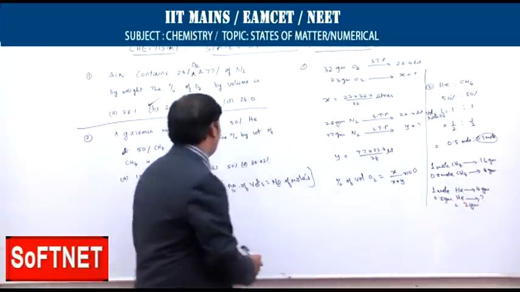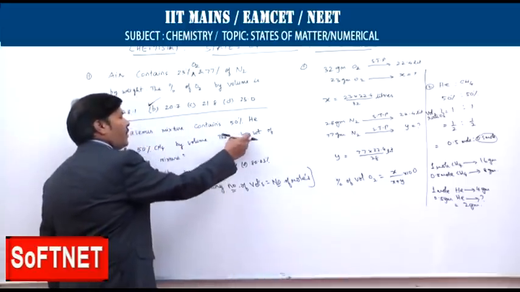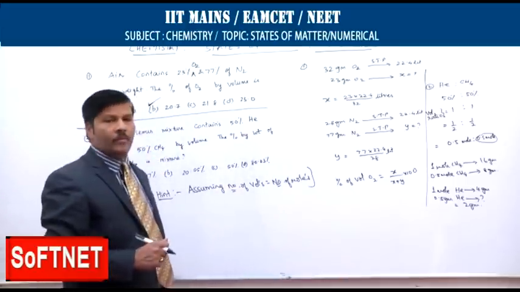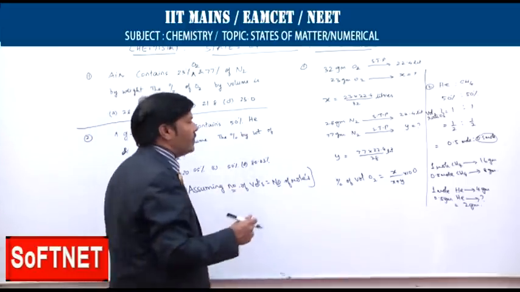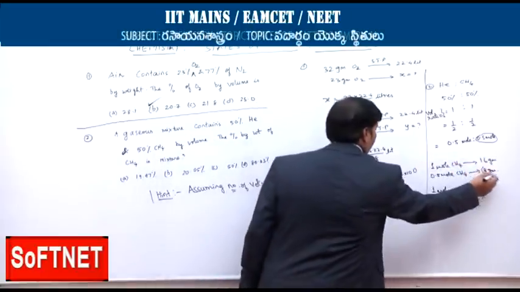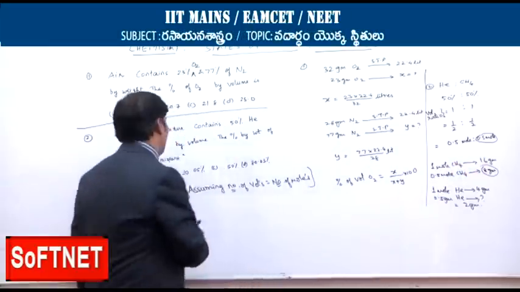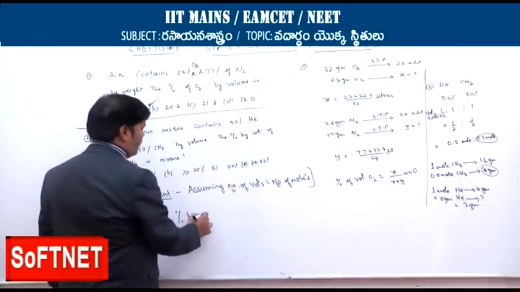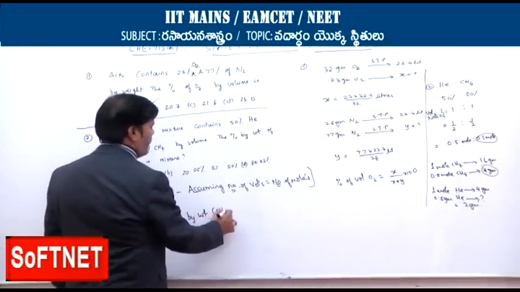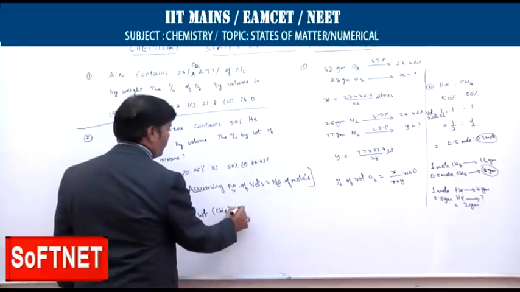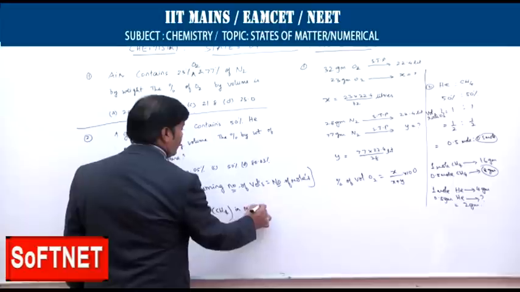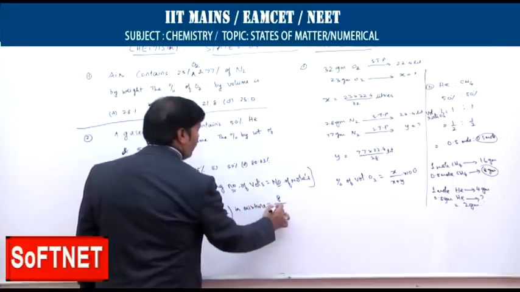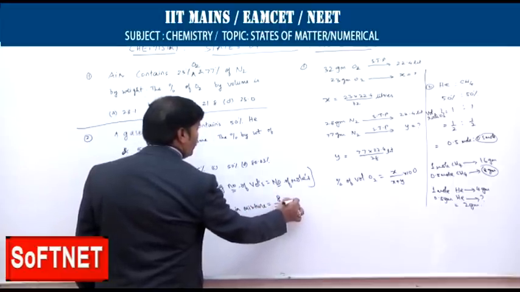Because we are asked to calculate the percentage by weight of methane in the mixture, percentage by weight of methane is equal to 8 by 2 plus 8 into 100.